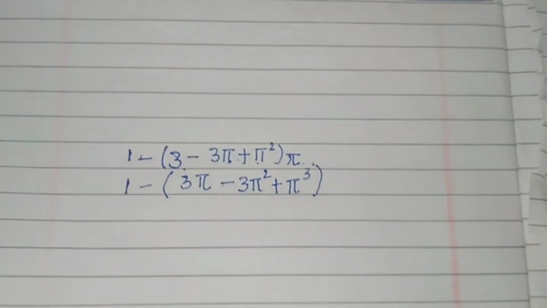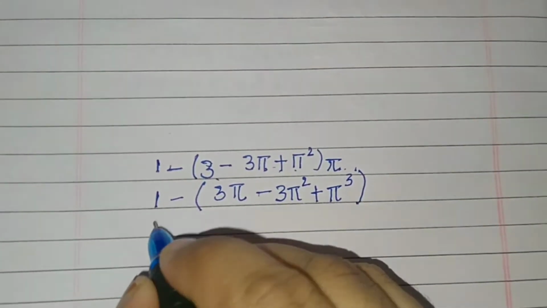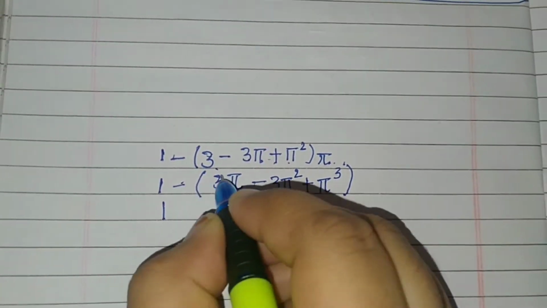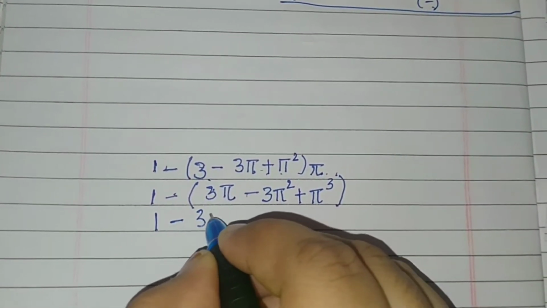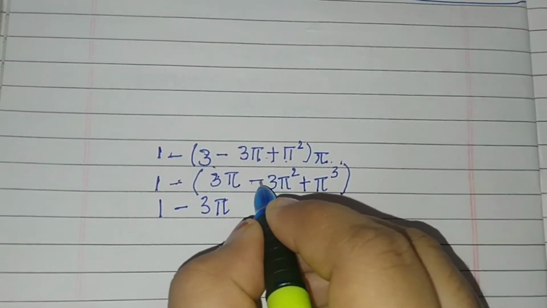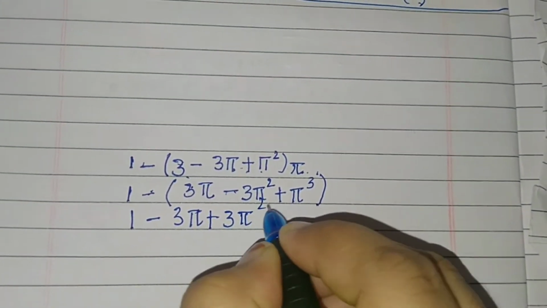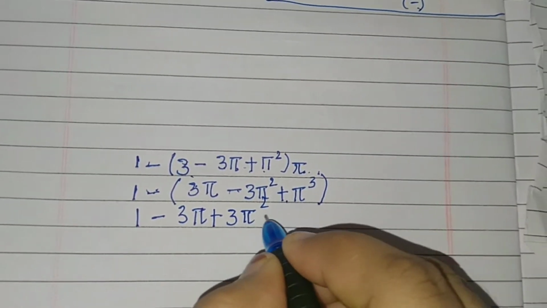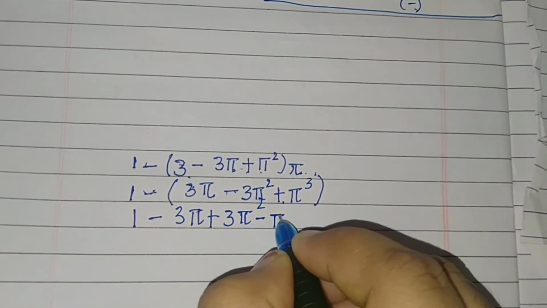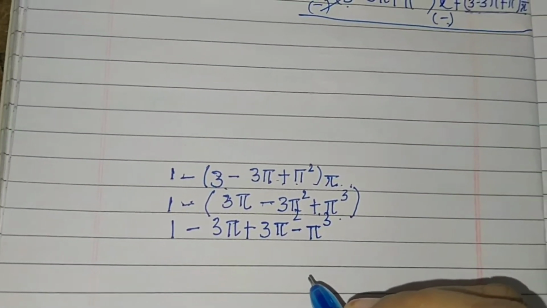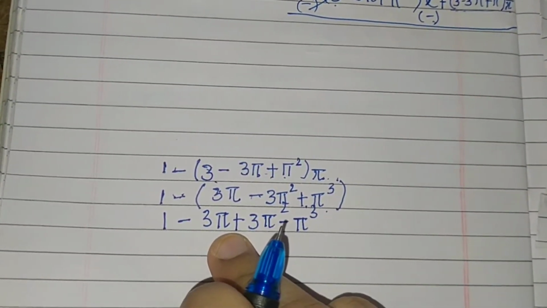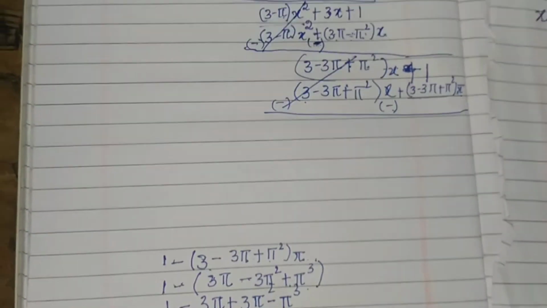Okay, so now it is the time to open the bracket. So 1 minus 3 pi, so minus into minus is plus 3 pi square, minus into plus is nothing but minus pi cube. Okay, so 1 minus 3 pi plus 3 pi square minus pi cube.